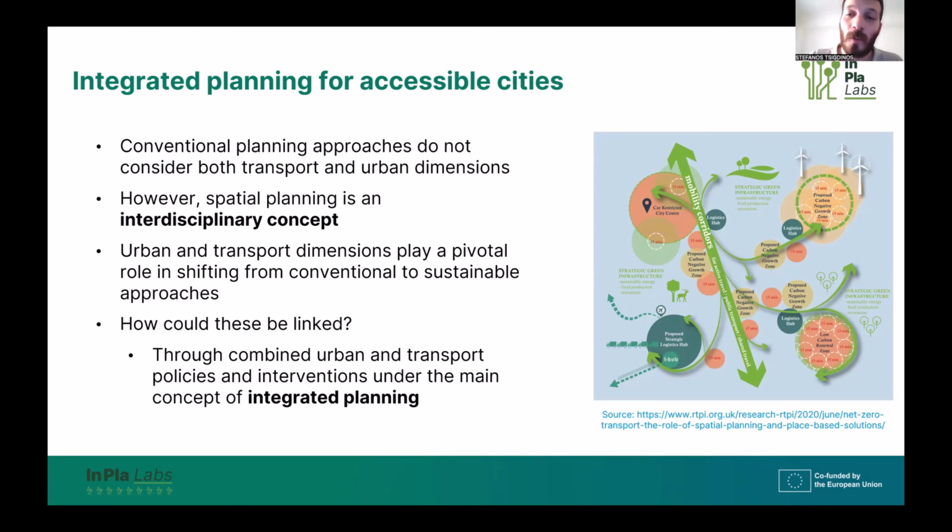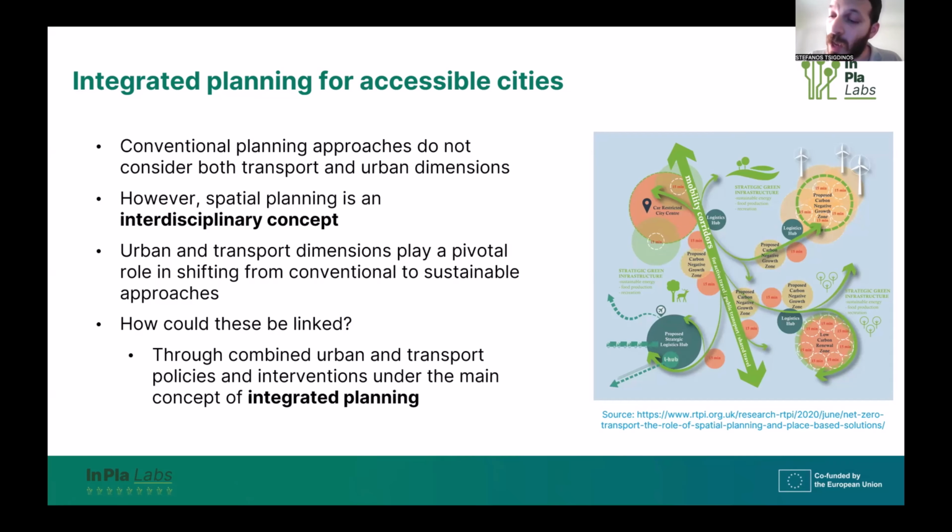For instance, we want to plan a city at a strategic level. We can see here this conceptual diagram, which is really helpful. We have to not only propose measures about mobility, we have to promote measures about mobility simultaneously with measures about activities and land uses.